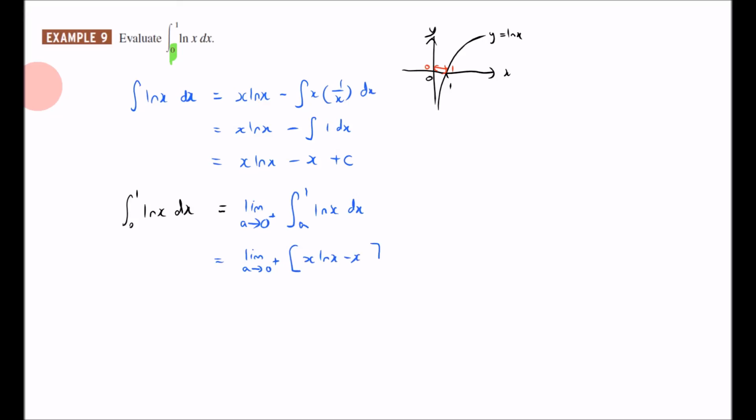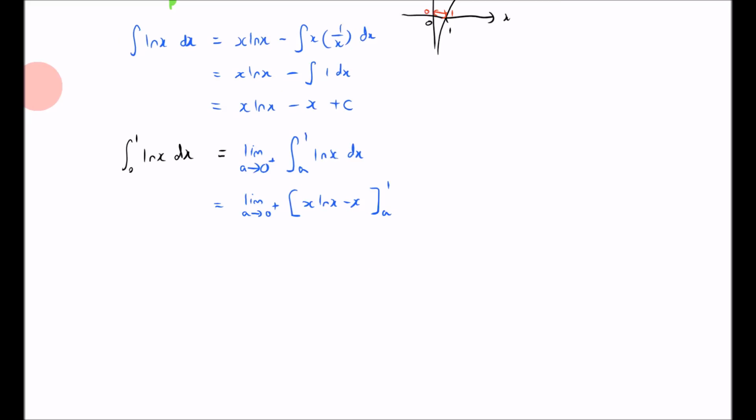No need to put in the c. So from here, we have 1 ln 1 minus 1, bracket, minus limit as a approaches 0 plus of a ln a minus a. So ln 1 is 0.